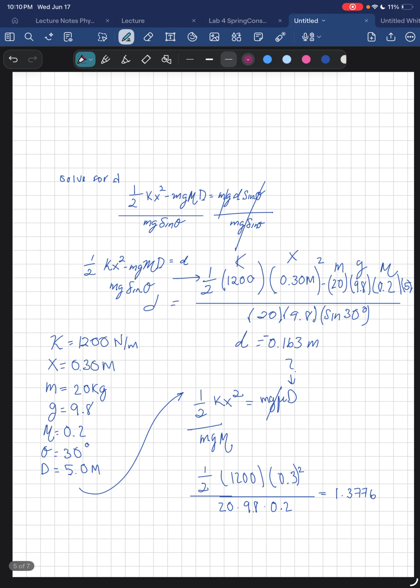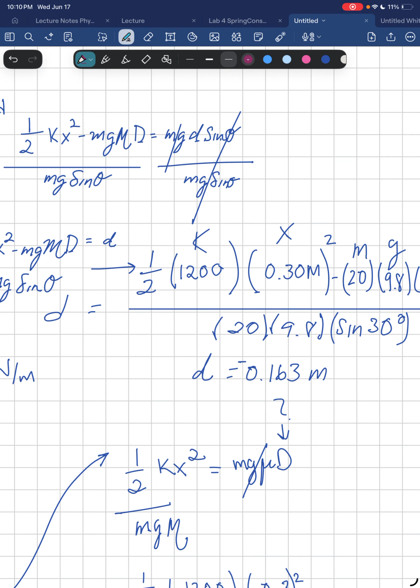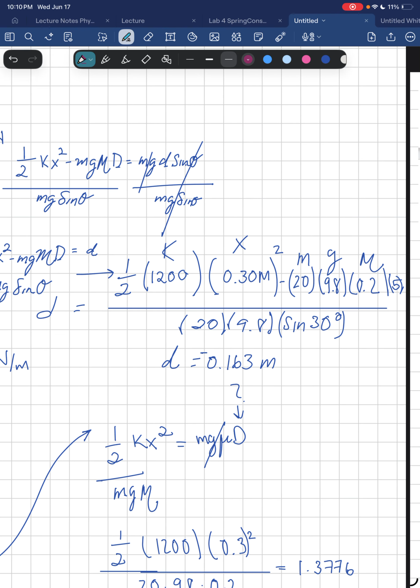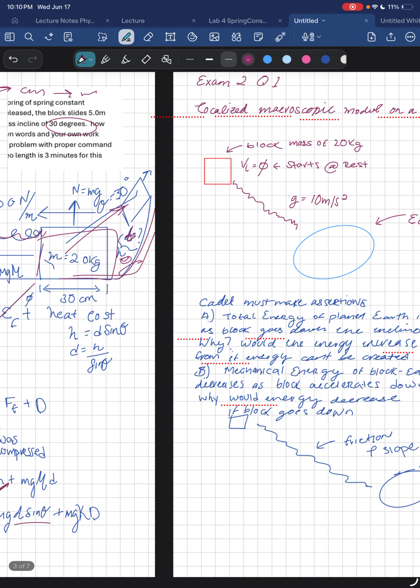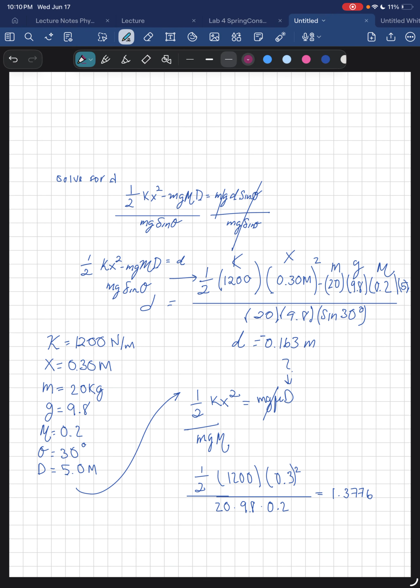So we had 1/2 times k, the constant, times x, which is how much the spring was compressed, and we're doing that squared, by the way, don't forget the square. Then we're subtracting that from the mass, which is 20 kilograms, times the gravity, 9.8 meters per second squared, which is just a constant, and then times the mu, which was given in the equation, times 5.